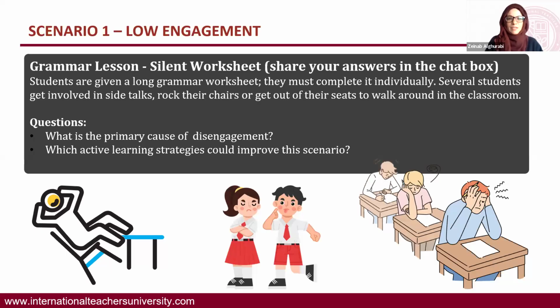A few students are only maybe getting involved, and the rest will start misbehaving, getting out of their chairs, talking, whispering. So I want you to share your answer in the chat box. What do you think is the primary cause of this disengagement? And which active learning strategies you think you can implement to stop this or reduce it?